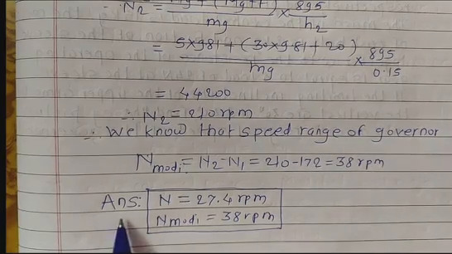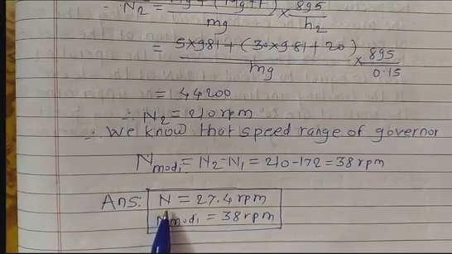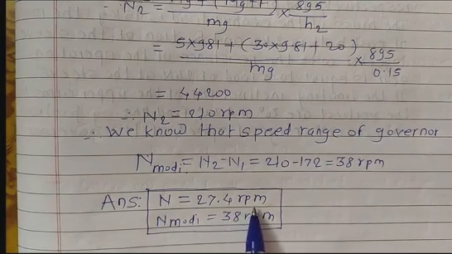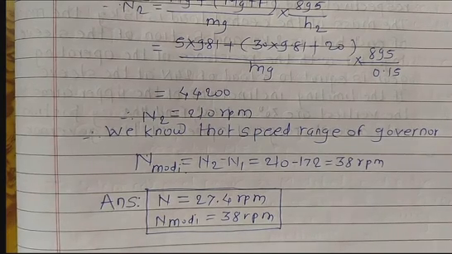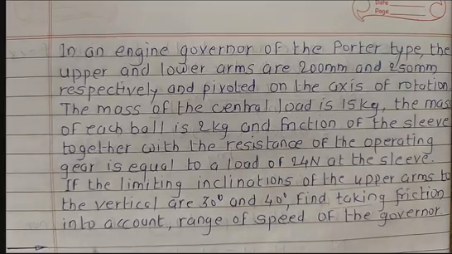So write the answer like this: without considering friction, we found the speed range equals 27.4 rpm, and the modified speed range when we take friction into account is 38 rpm. Let us start with the next problem.